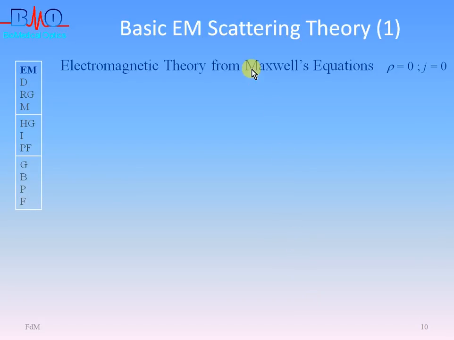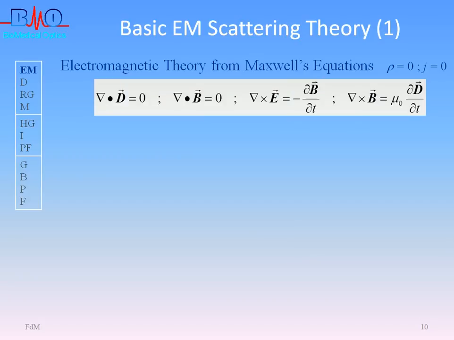We start with electromagnetic theory from Maxwell's equations. Here are those equations. The two divergences are 0 because we do not have a charge, and the rotation of the electric field is minus dB/dt, magnetic induction, that is Faraday's law of induction.